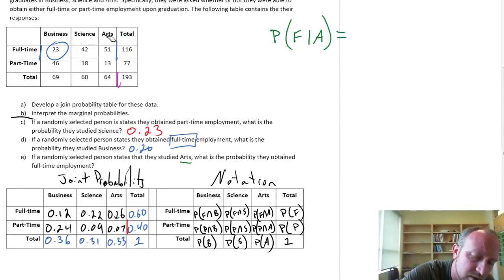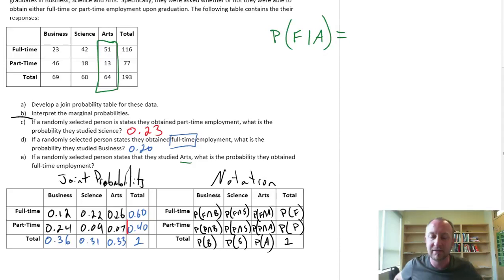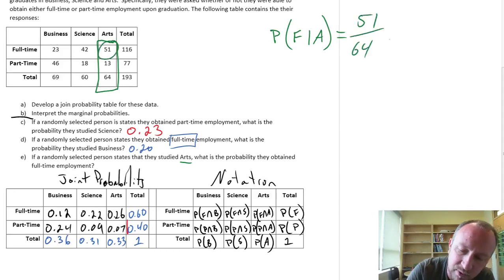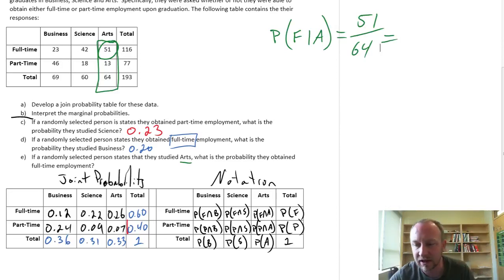Coming back up here to our numbers, given that we studied arts, all I care about are these individuals who studied arts. Out of them, what proportion obtained full-time employment? Well, I have 51 out of those 64 art students obtained full-time employment.